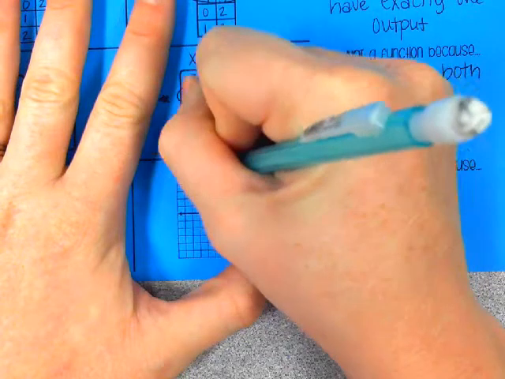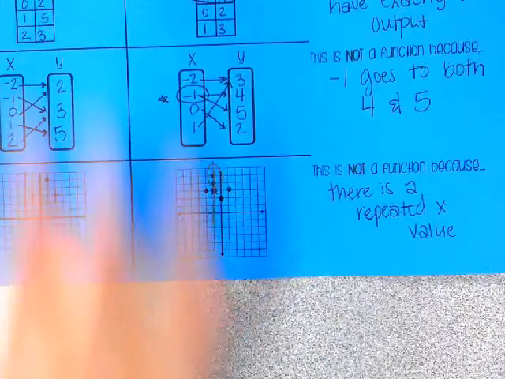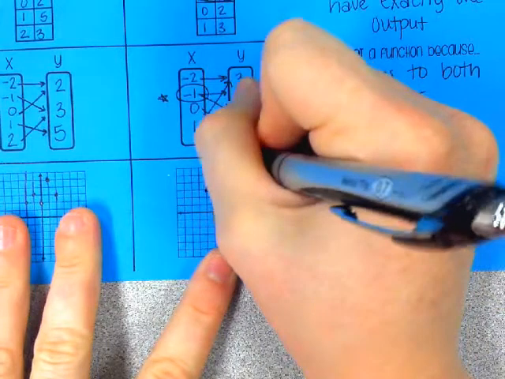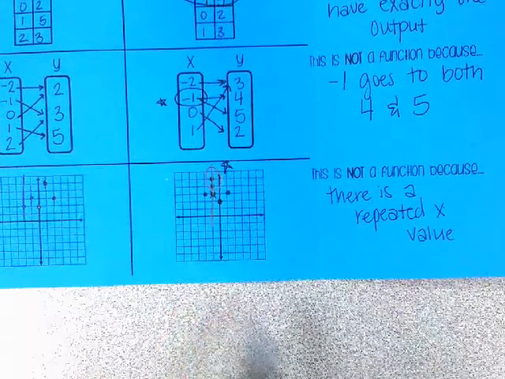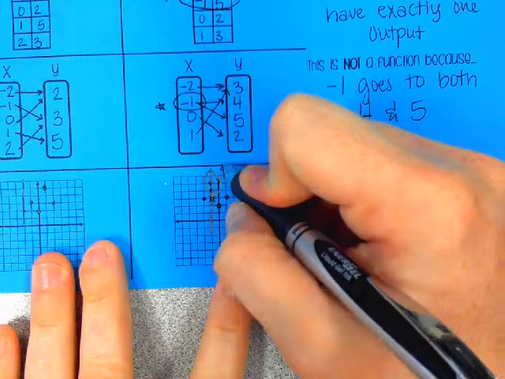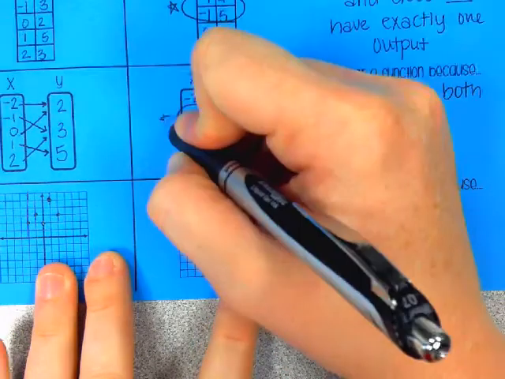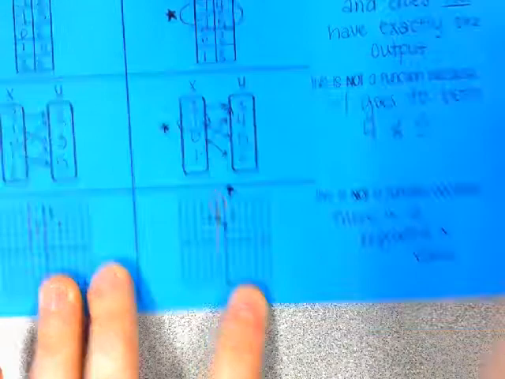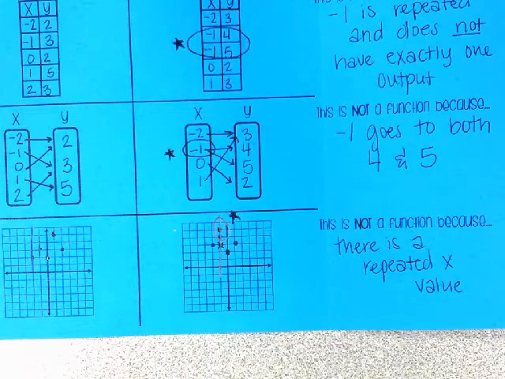I know my hand is in the way, but I just drew a line. So since there are 2 points that have the same x value, that is why that one is not a function. So again, if there's one number that's repeated, that makes it not a function, then all of it is not a function. I was just making those stars black.